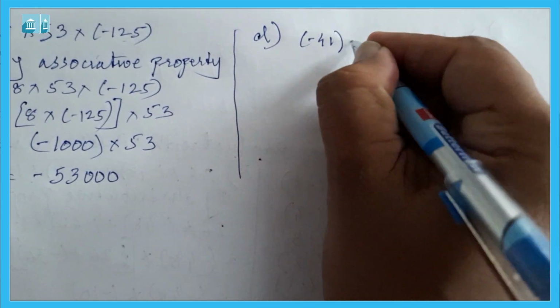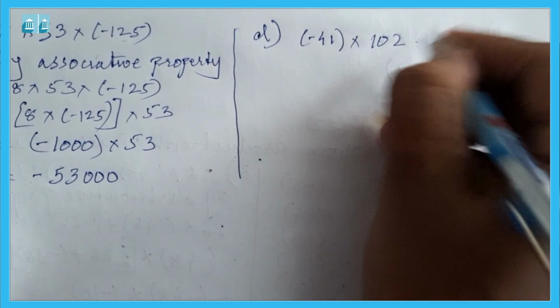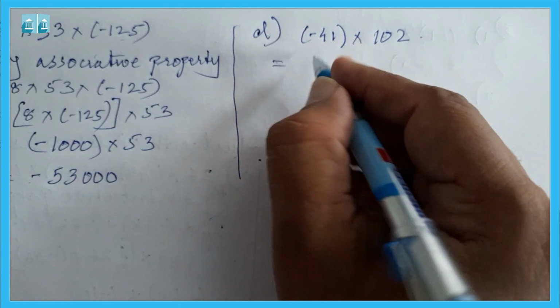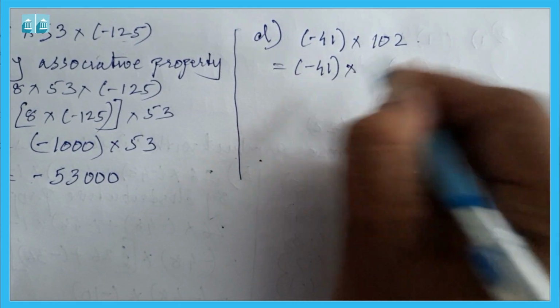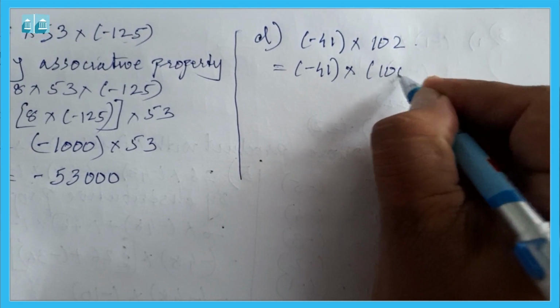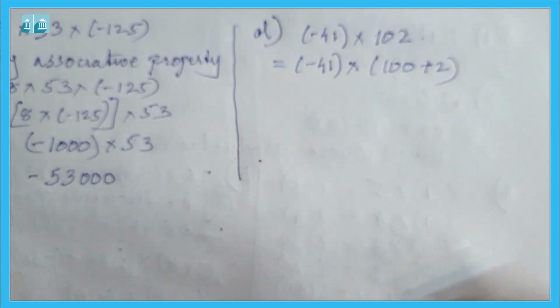Minus 41 into 102. Now this 102 can be expanded, we can expand this 102 as 100 plus 2.